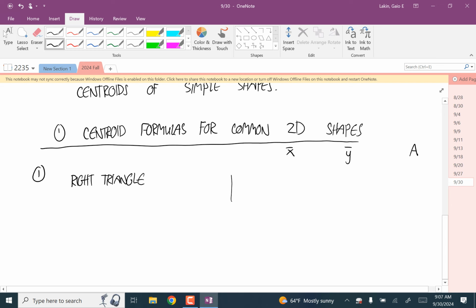So for a right triangle, the centroid's there. I'm going to call this X bar and this Y bar.